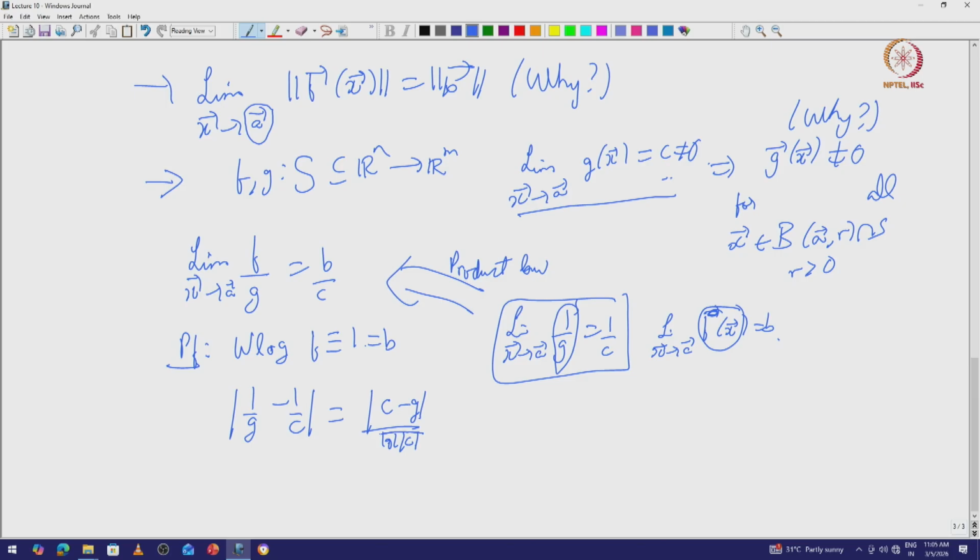So somehow we need to handle this term. So first of all, there exists a delta, let's call it delta 1, such that g is very close to c. How close do we want it to be to c? So g of x minus c is less than, let's say, mod c divided by 2.